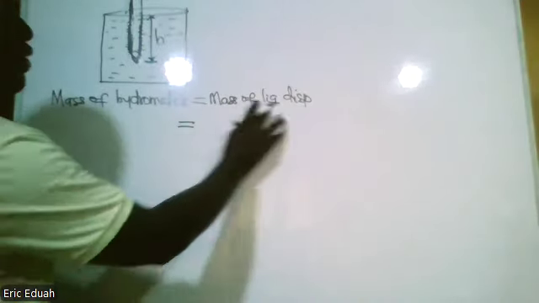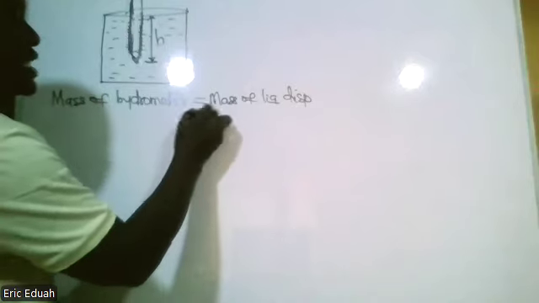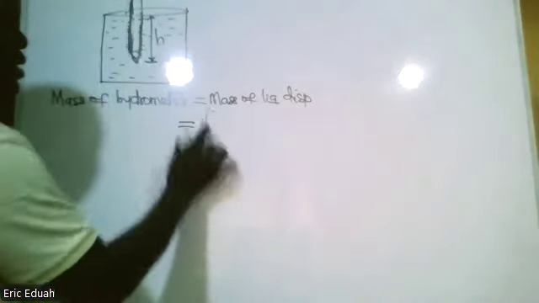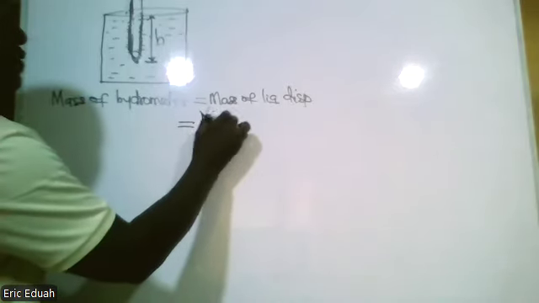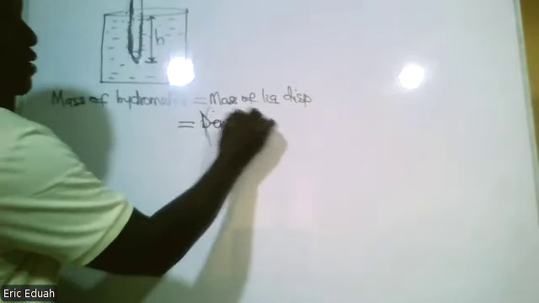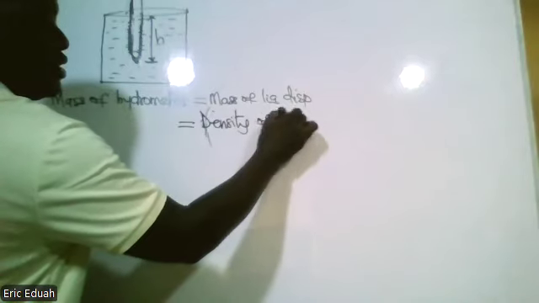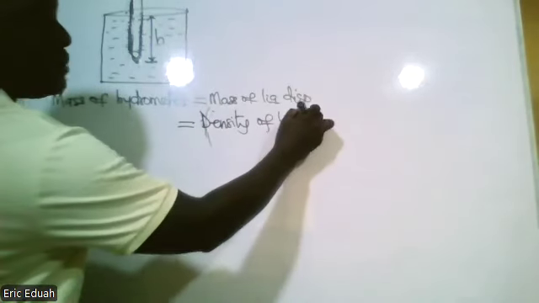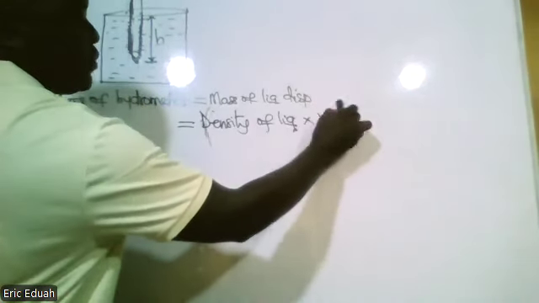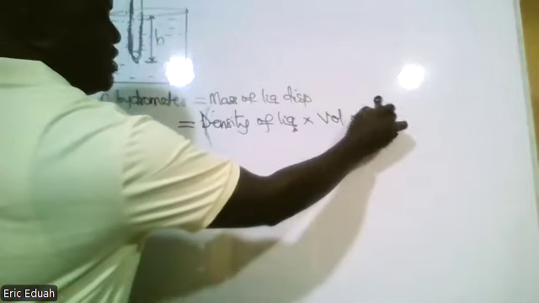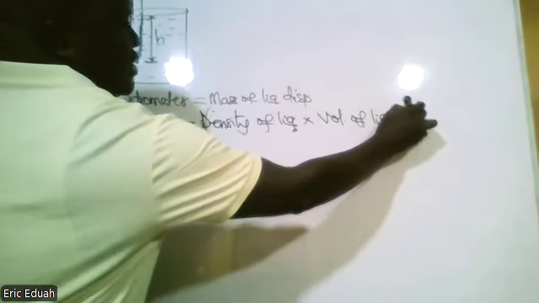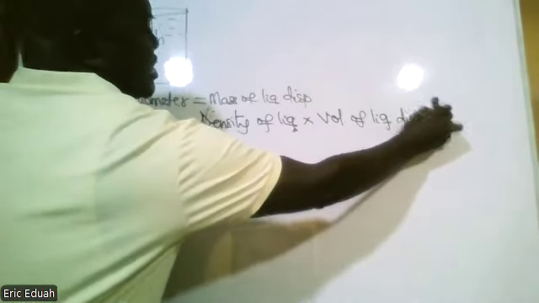So the mass of liquid displaced can also be density of liquid times volume of liquid displaced.